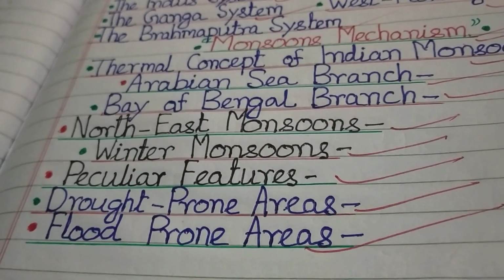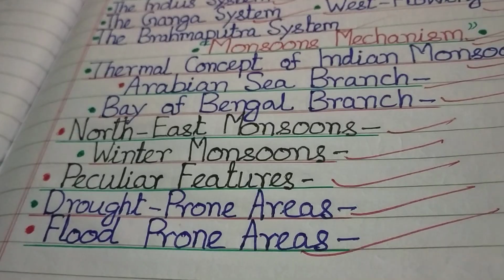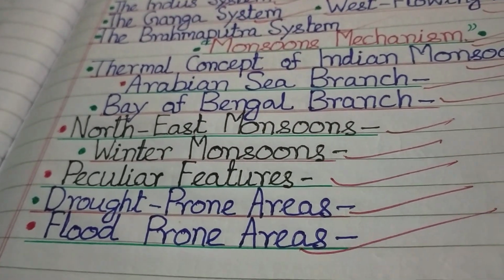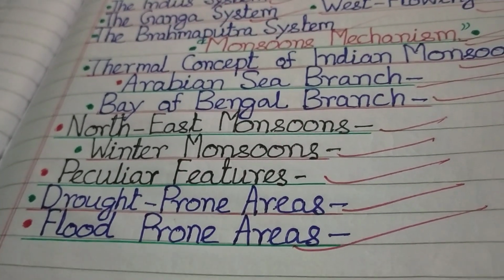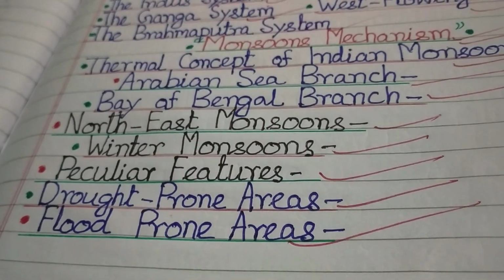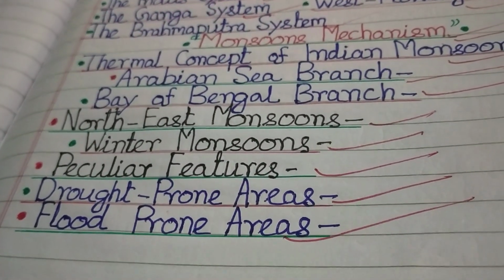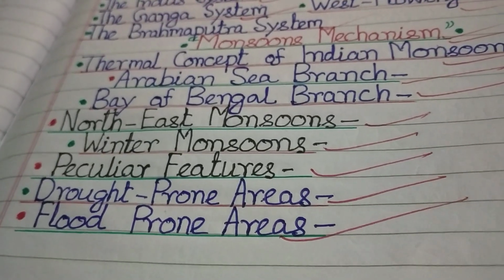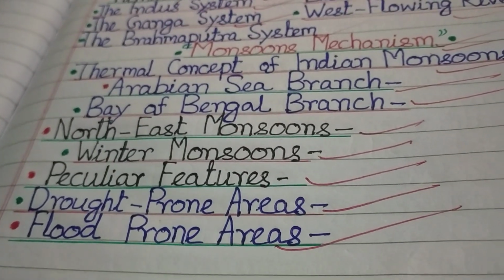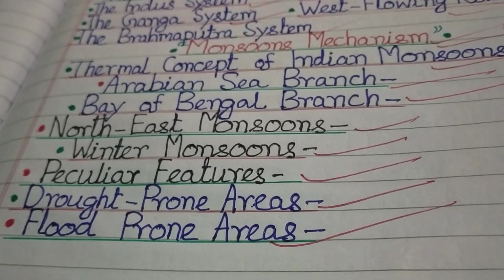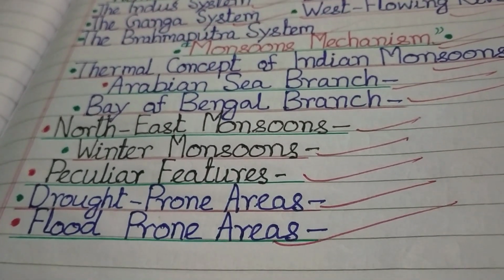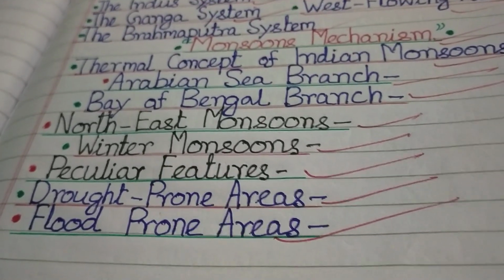These showers are very good for the Rabi crop, especially wheat and gram, and are very effective because of less runoff, less evaporation, because of low winter temperatures, and the fact that moisture from these showers is confined to the root area of the crops.